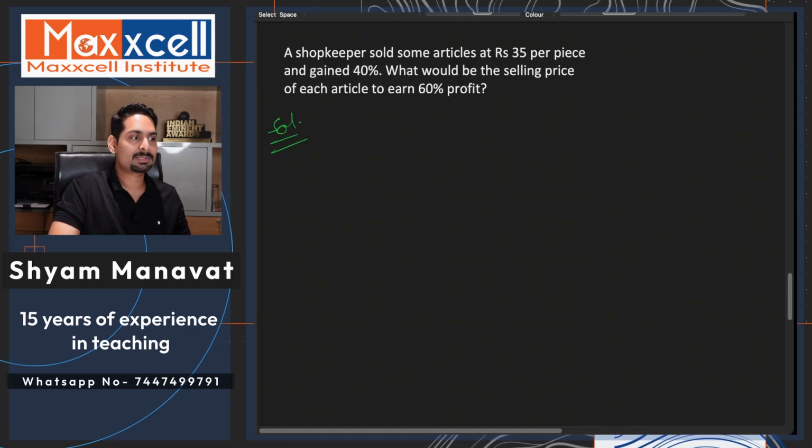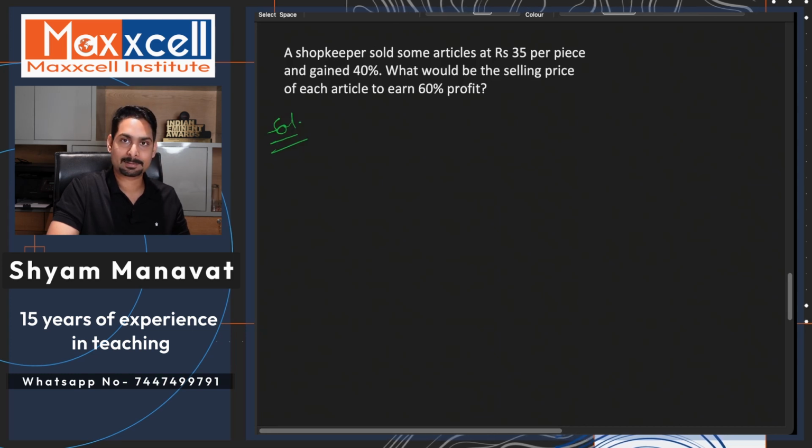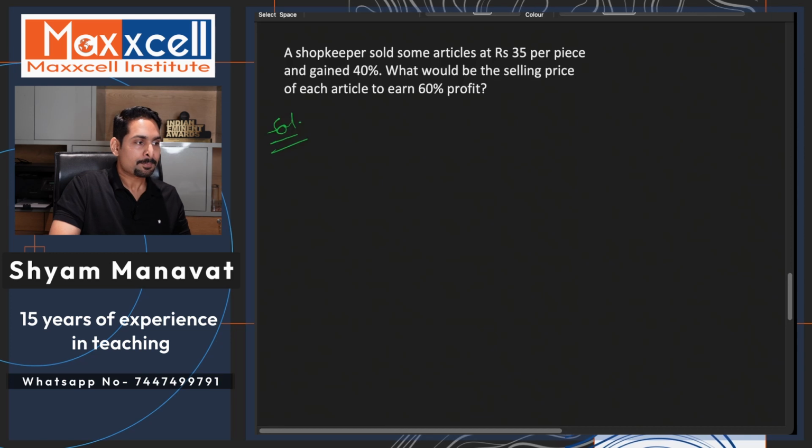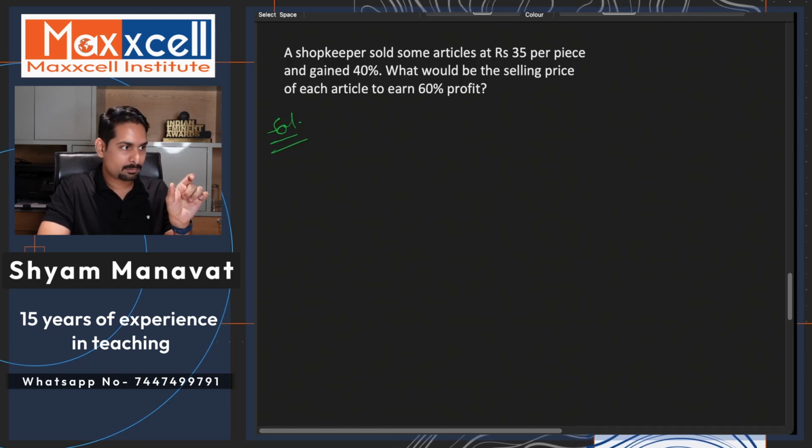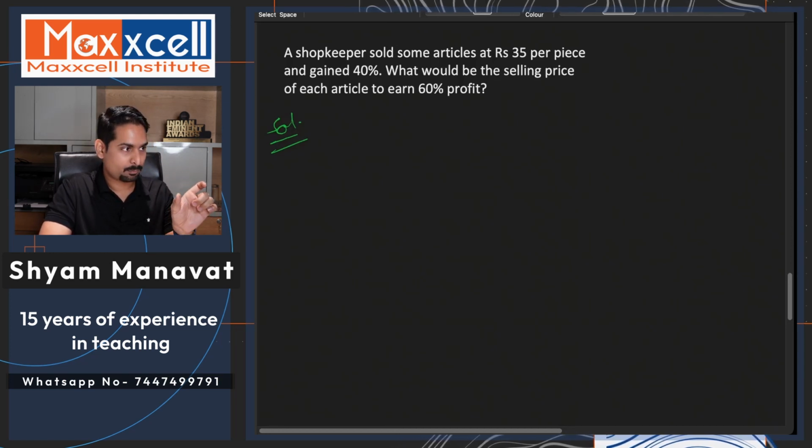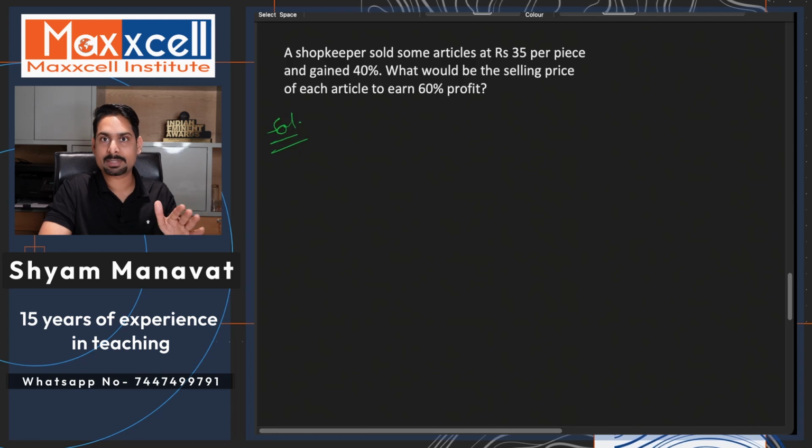A shopkeeper sold some article at 35 rupees per piece and gained 40%. What would be the selling price of each article to earn 60%? Okay. Now I am writing what is given in the question. I am writing here in detail so that you can understand.